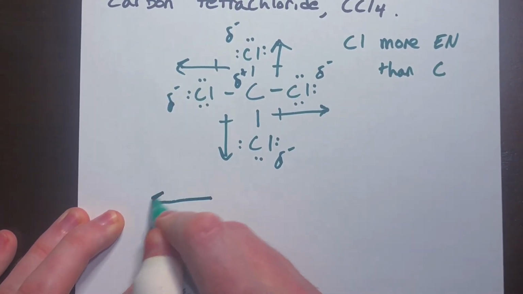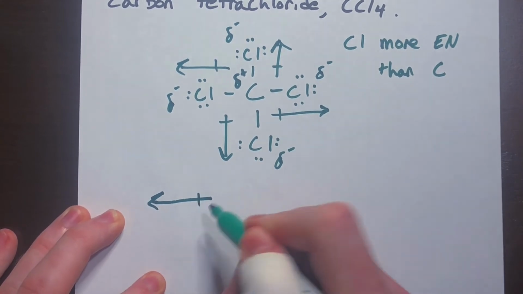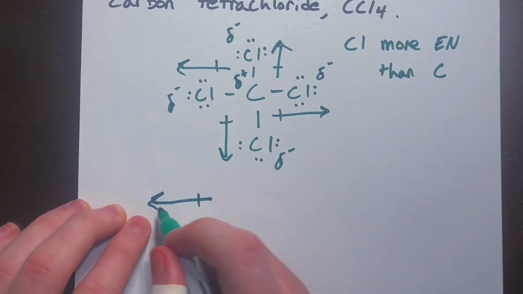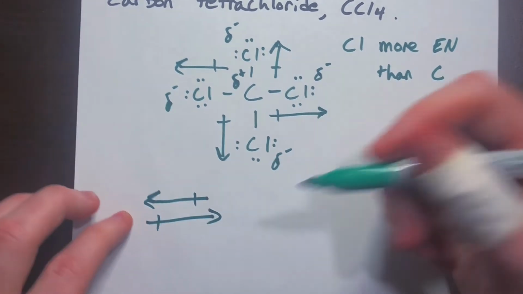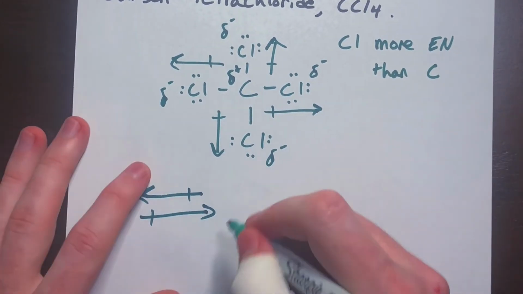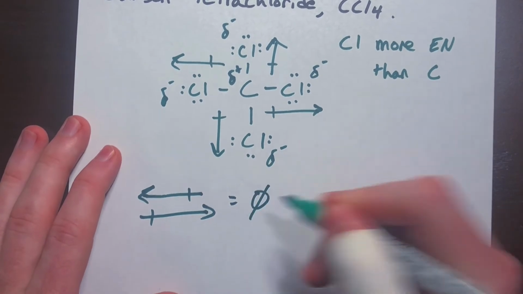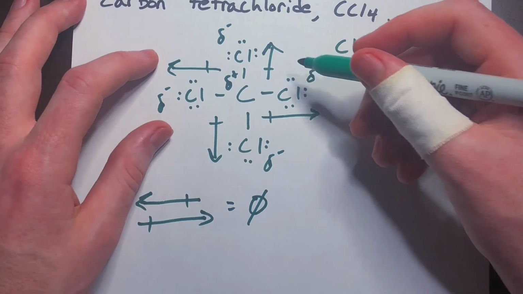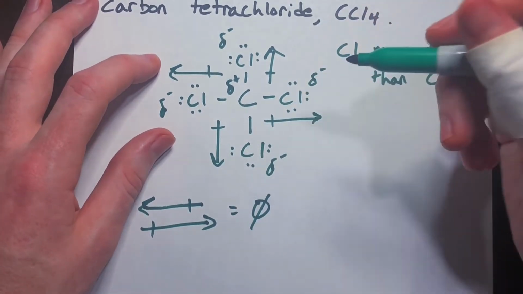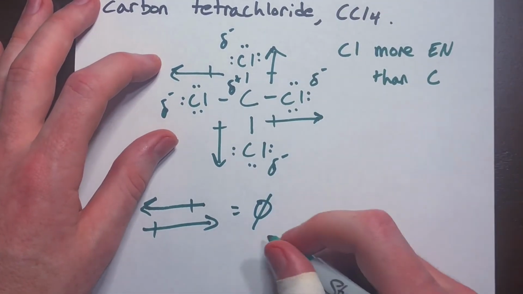For this example, it's rather trivial, but other ones it might not be. If you wanted to add up this and this, you see that they clearly are going in the opposite direction with the same magnitude, so this would be 0. I'm adding up the one going left and the one going right. You can make the same argument for the one going up and the one going down, so the sum of all these dipoles is 0.